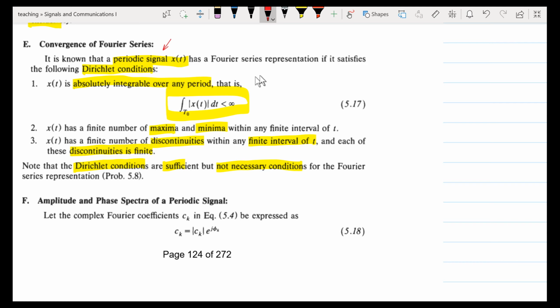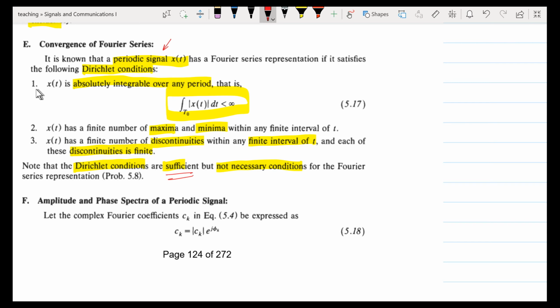But then there were problems when people tried to represent some signals. Then Dirichlet established the exact conditions that are sufficient for a signal to be represented using Fourier series.